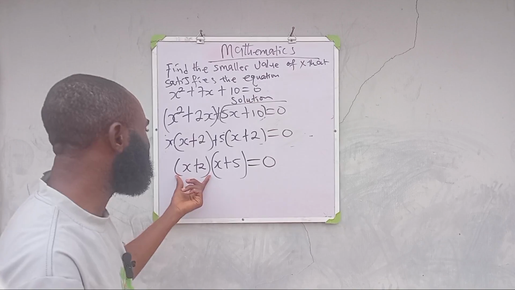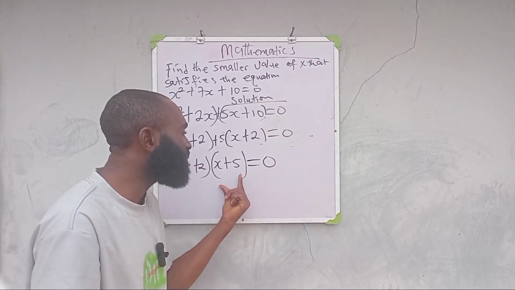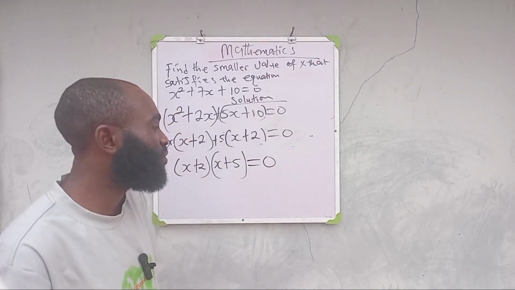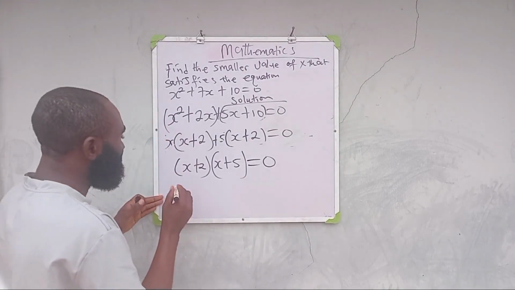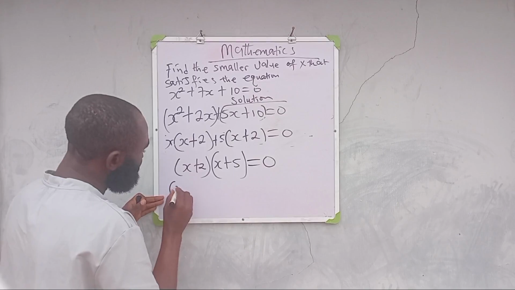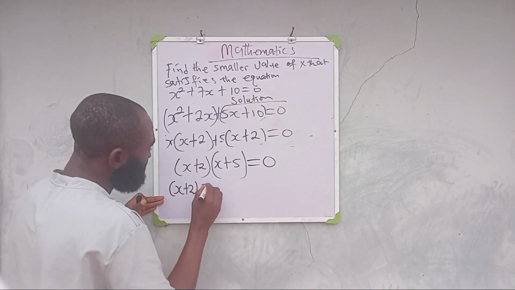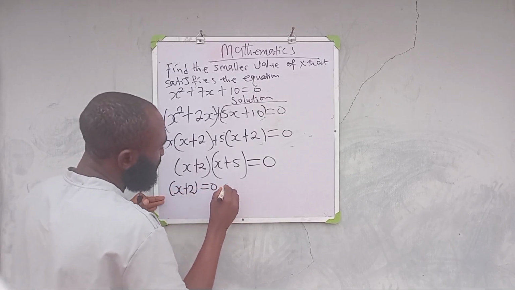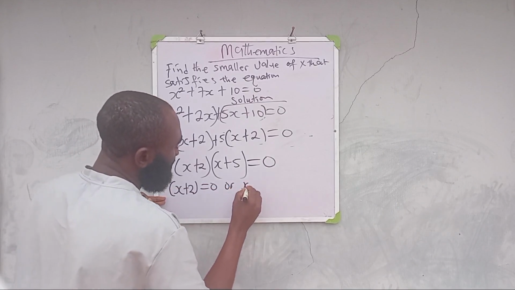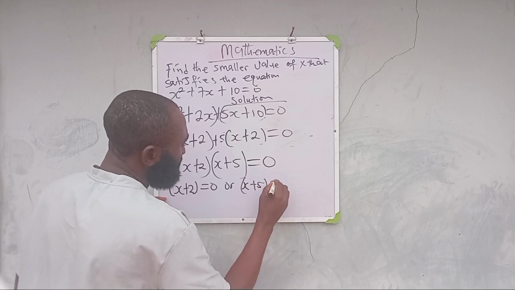So since we now arrive here, either the first bracket is equal to 0 or the second bracket is equal to 0. So the first bracket, x plus 2, is equal to 0, or x plus 5 is equal to 0.